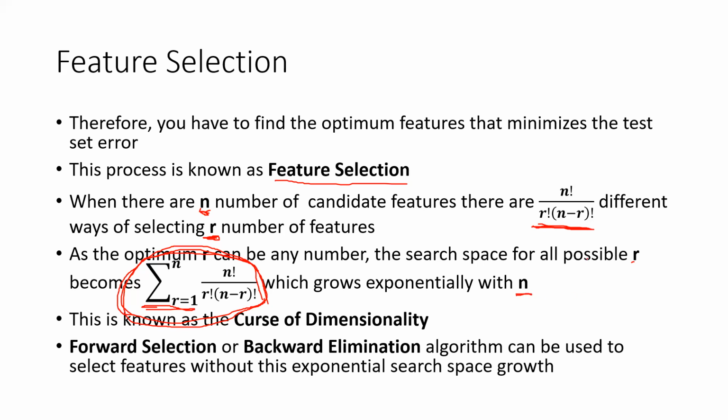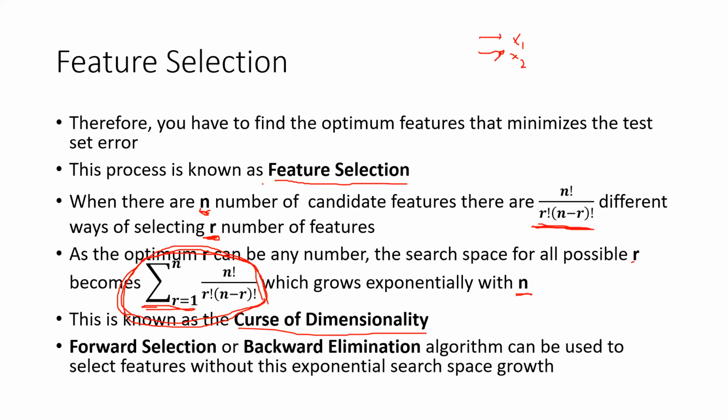Dimensions means the number of features. So if you have two features like x1 and x2, then this is a two-dimensional case, right? When you increase the dimensionality, it is getting more and more complex. So this is known as the curse of dimensionality.